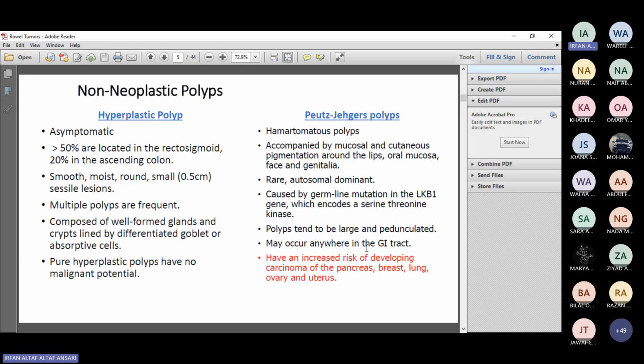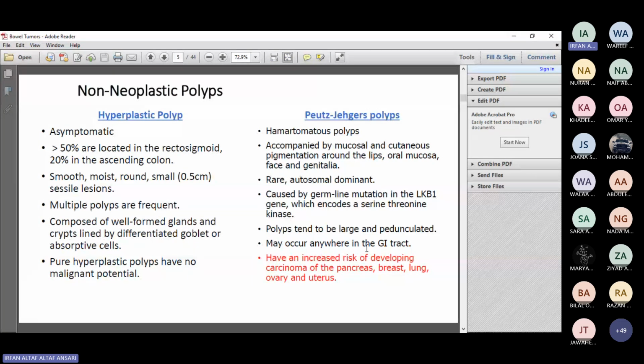Okay, so we are going to talk about two different types of non-neoplastic polyps, which are common: the hyperplastic polyp and the Peutz-Jeghers polyp. Hyperplastic polyp, as its name implies, is just a hyperplasia of the normal colonic mucosa.